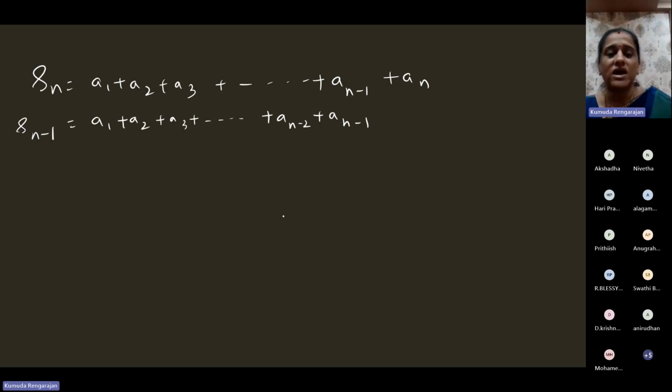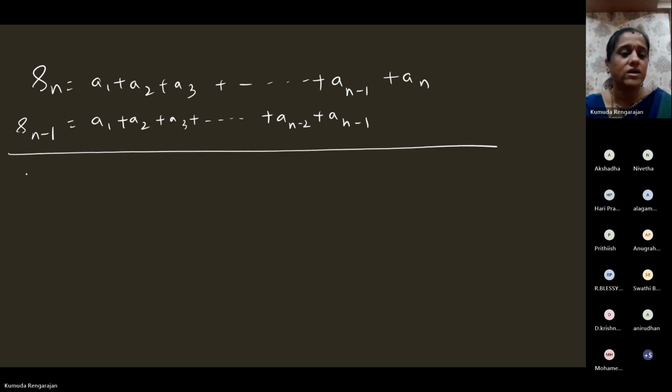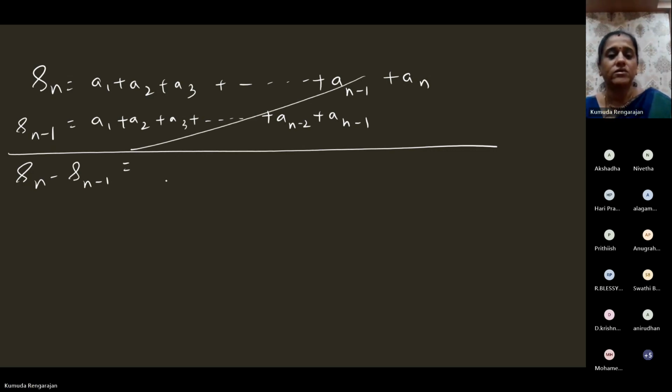The last term is n minus 1, so before that will be n minus 2. Now what is Sn minus Sn minus 1? This will get cancelled, leaving An.